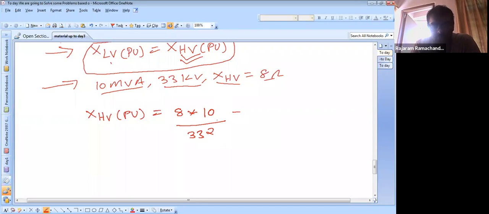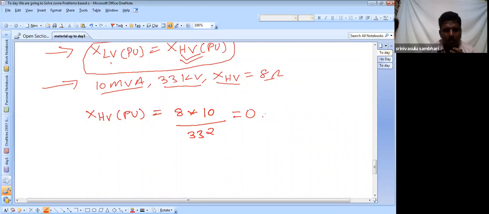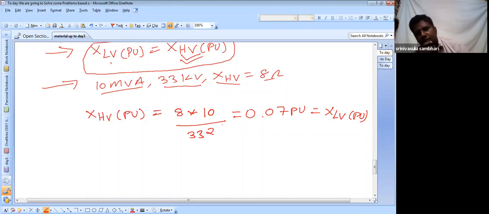Now this is the answer. 0.07 per unit. That should be equal to XLV per unit. We have to do it like this. Is it clear?